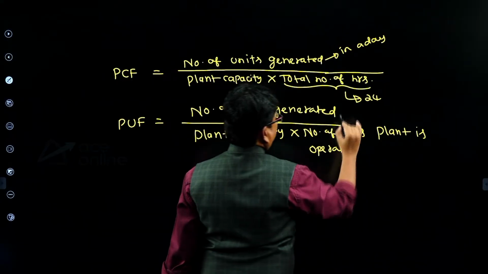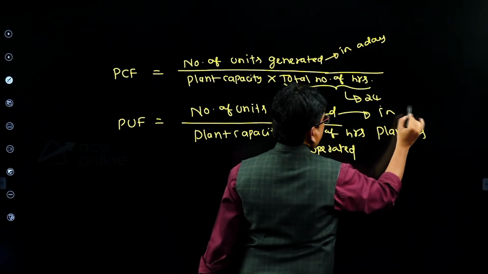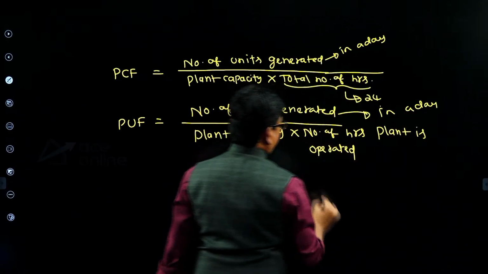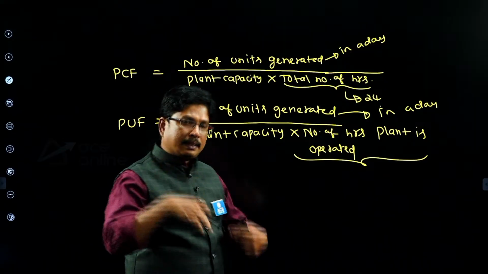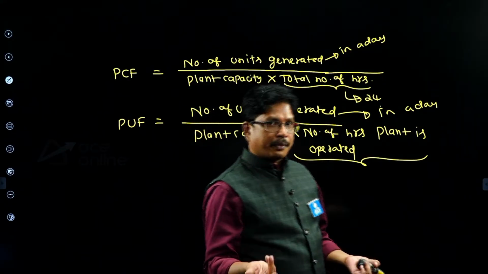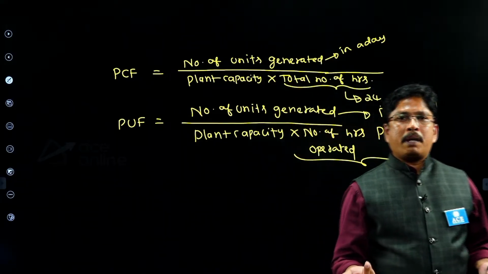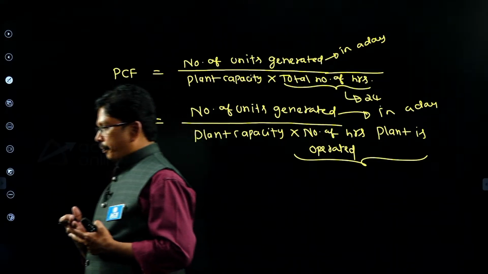So here, suppose you are taking this in a day, then the number of hours may be 24 or may be less than 24 also. Why? Because for some hours the plant may be off. So that number of hours you have to consider definitely.